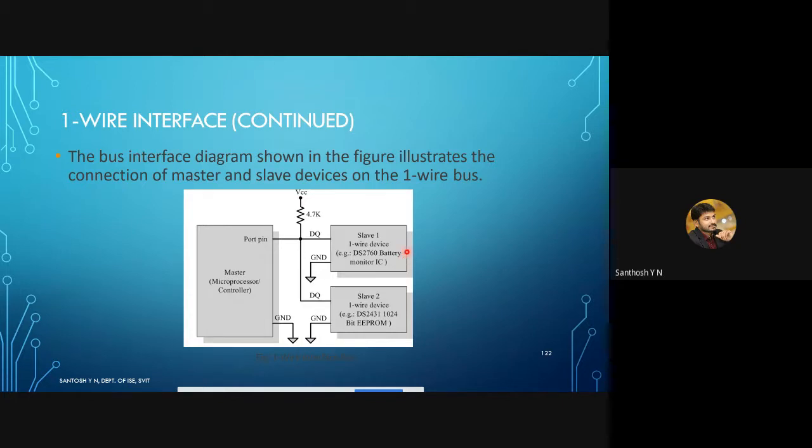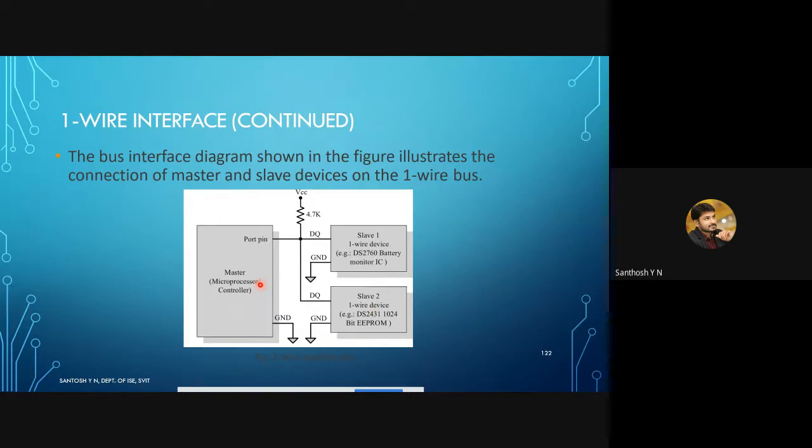If the master wants to have a transaction with slave 2, then the unique identification number is loaded onto this one wire. Therefore this bus is activated only between the master and slave 2, so the transactions happen only between the master and that slave.